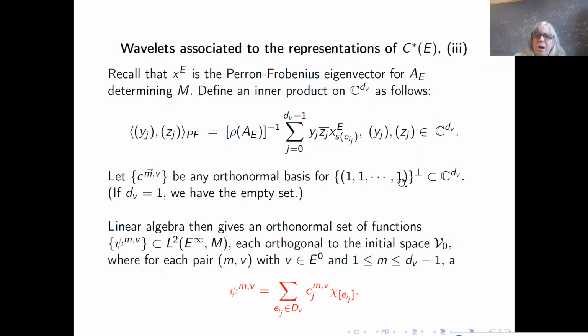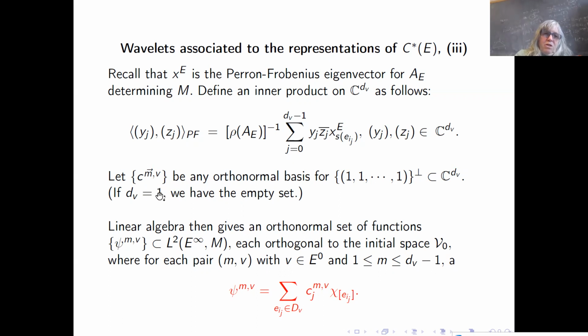Because the 1, 1, 1, 1, 1 corresponds to the characteristic function of the vertex set v, because you're taking the sum of the characteristic functions of the edge cylinder sets whose range is v. Well, that turns out to be the characteristic function for the cylinder set corresponding to v. So when we take all of these, of course, if d_v is equal to 1, then you don't have to worry about finding any of these, you're done.